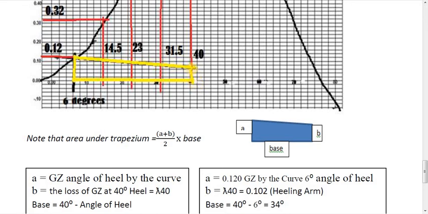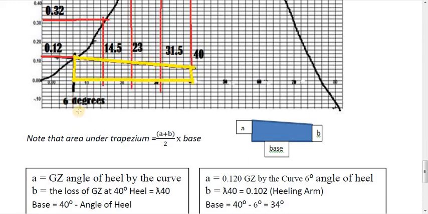That was a little lower than 0.120, the angle of heel that was calculated, rounded up to the nearest whole degree, given the loss of GZ at 40 degrees, 0.102.